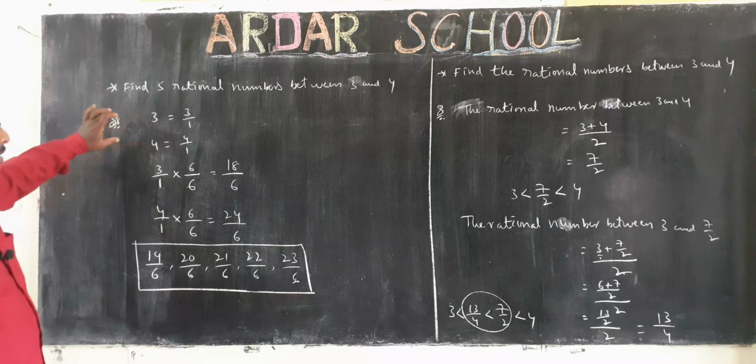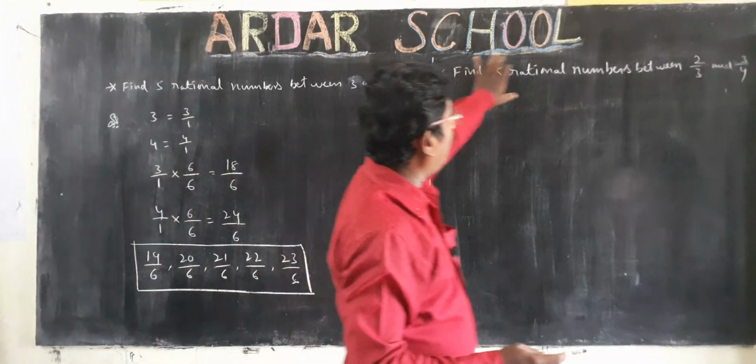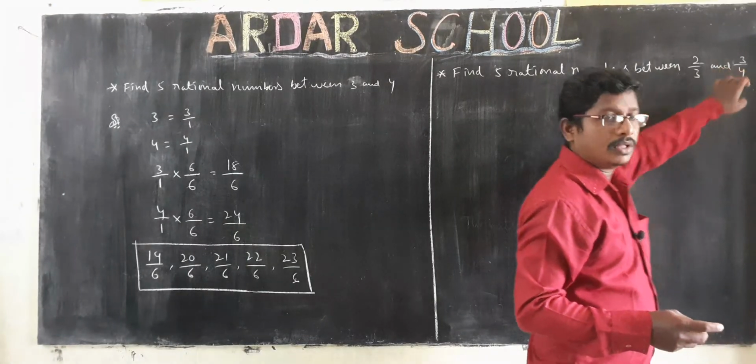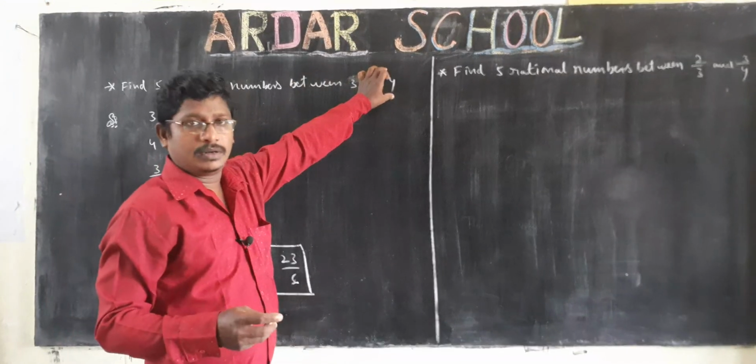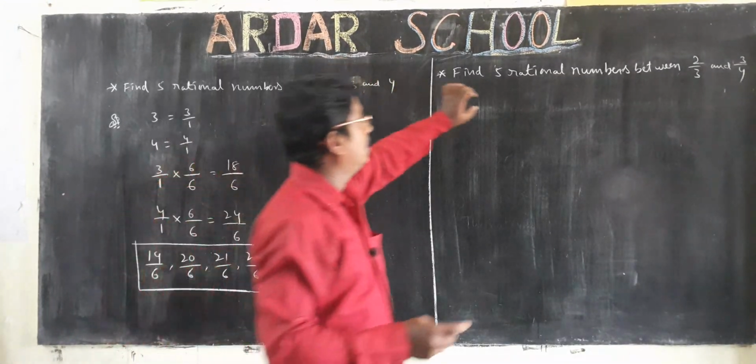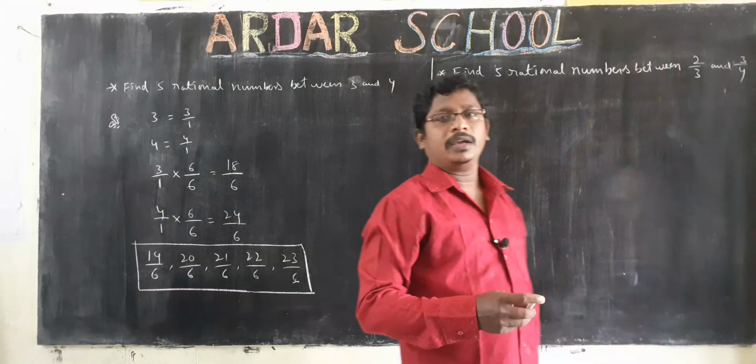In the same way, find the 5 rational numbers between 2 by 3 and 3 by 4. Earlier, 3 and 4 meant 3 by 1 and 4 by 1, which are like fractions. Now I am taking unlike fractions. How to find the 5 rational numbers between the unlike fractions 2 by 3 and 3 by 4?